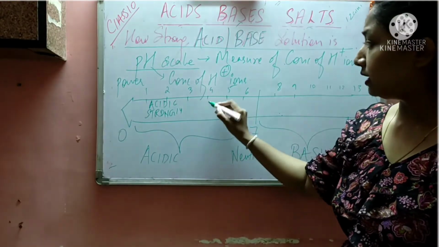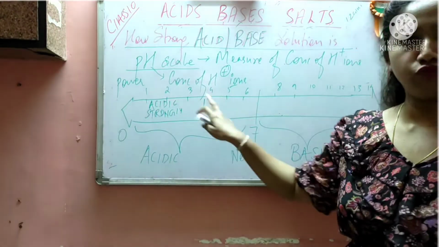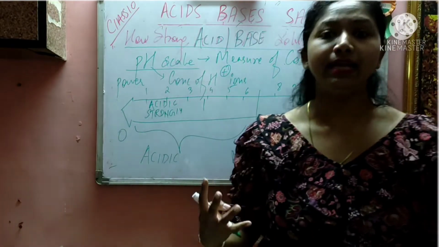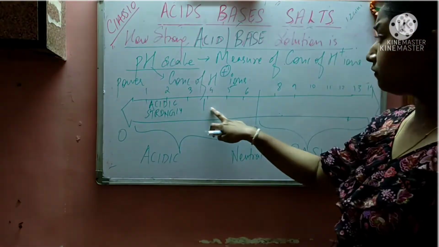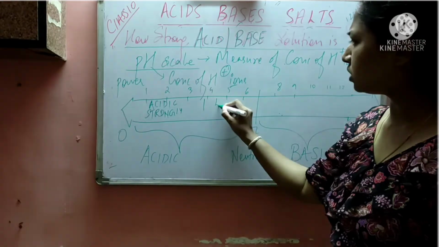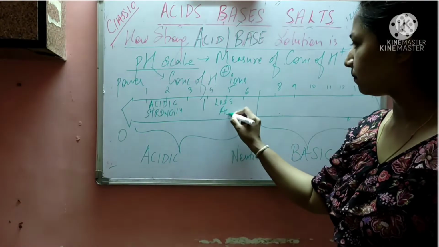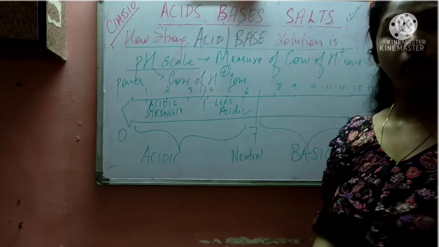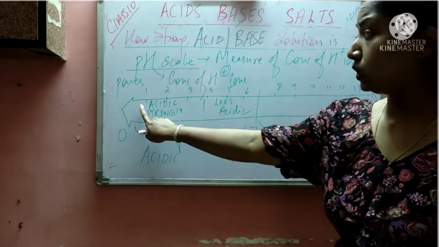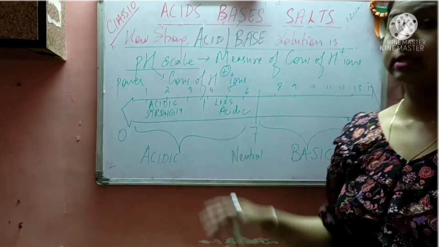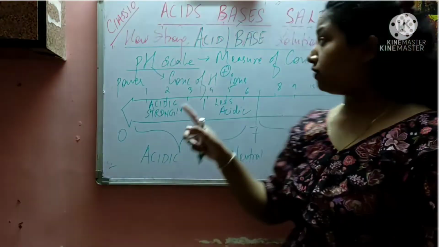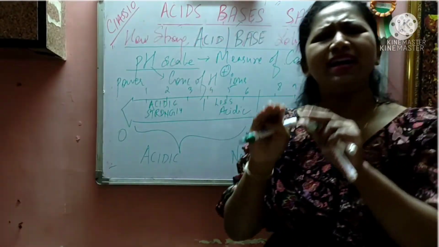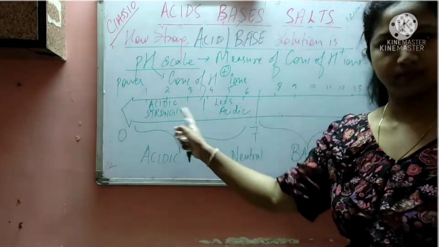If it lies between 4 to 6, then that solution is quite less acidic as compared to this.